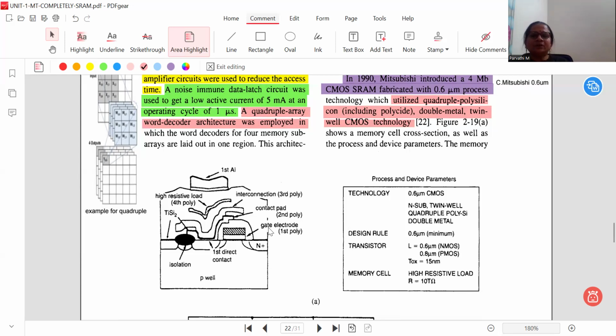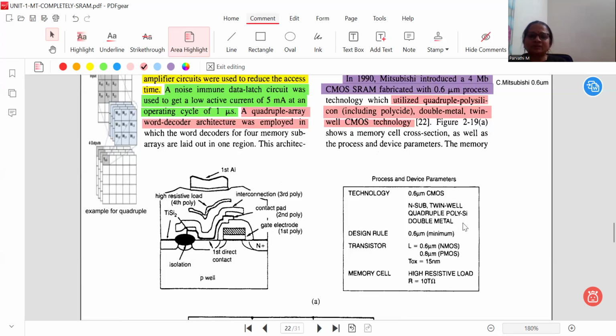Overall, if you see process and device parameters, moving from one type of memory to another, advancing from 1 MB size to 4 MB or 16 MB, majorly the technology is the first thing to look into. Here, Mitsubishi is concentrated on 0.6 micron meter technology with CMOS fabrication. Then N substrate, twin well, quadruple polysilicon, double metal.